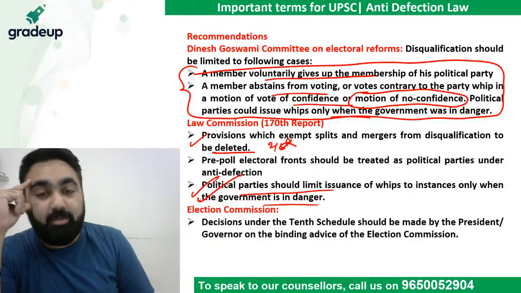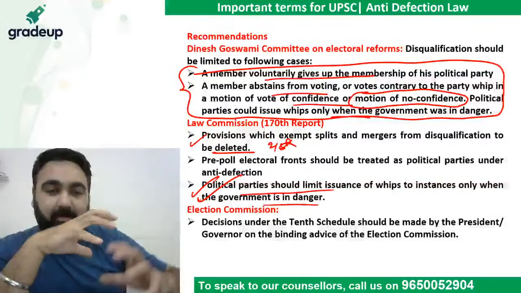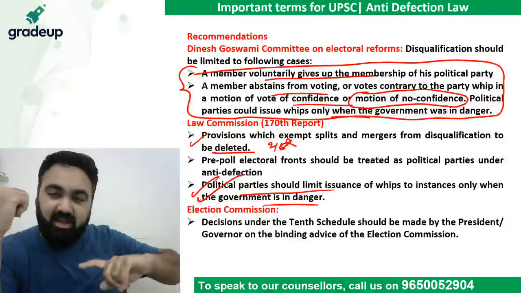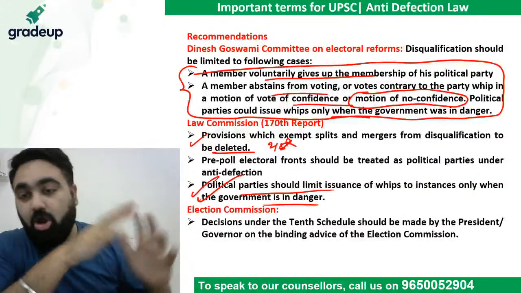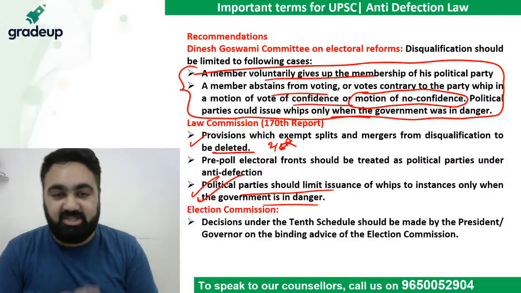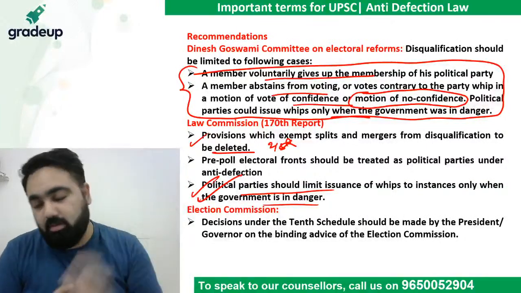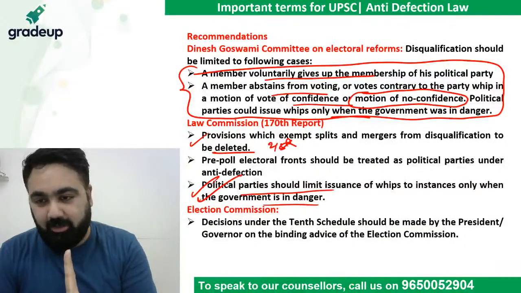Apart from this, the Law Commission had also said that, see, before the election and after the elections, many political parties changed their sides. The Law Commission also said that if two or more parties came together before the election, that is, pre-poll alliances, they should be treated as one single political party.